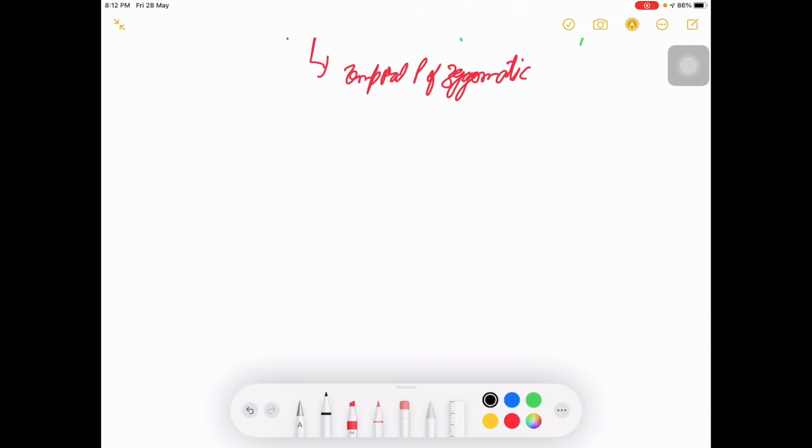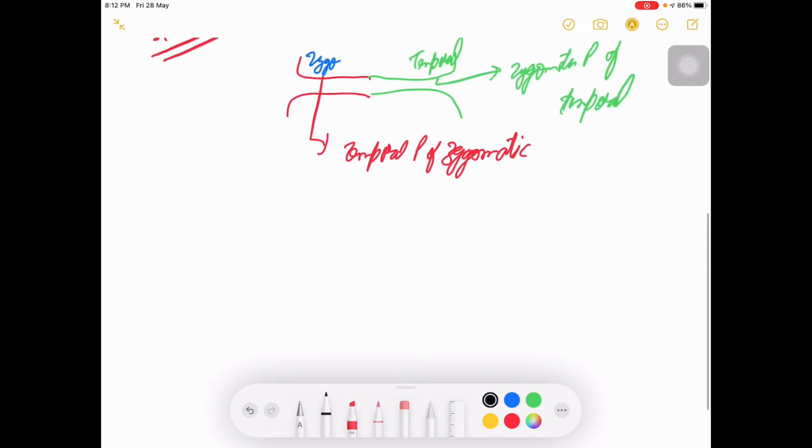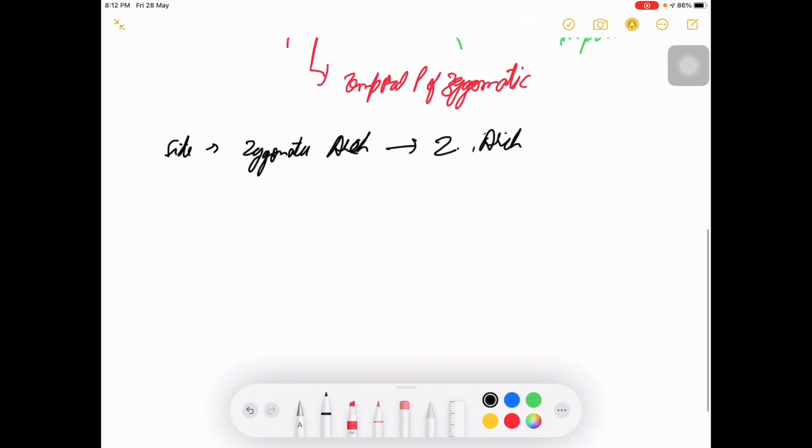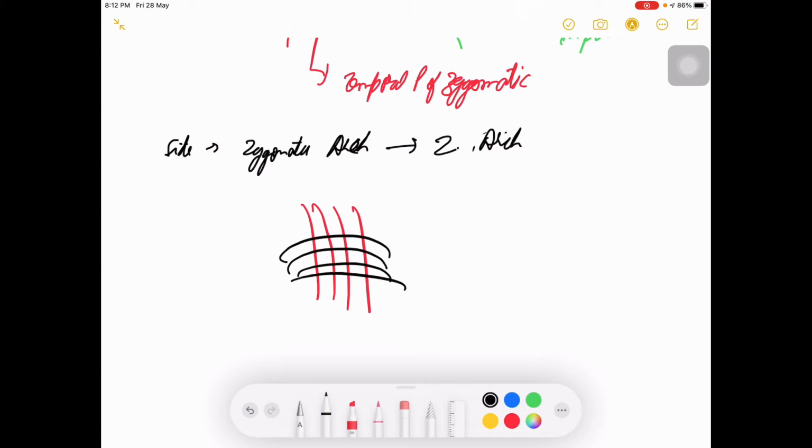So now, as you can understand, in side to side, it is from one zygomatic arc to another one. But from anterior to posterior also, the scalp is extending, and from side to side also it's extending, right?